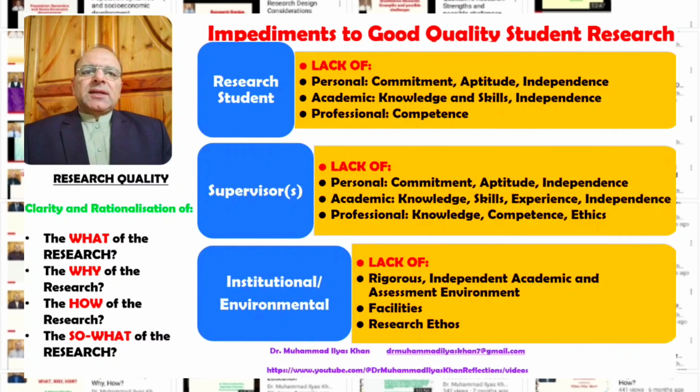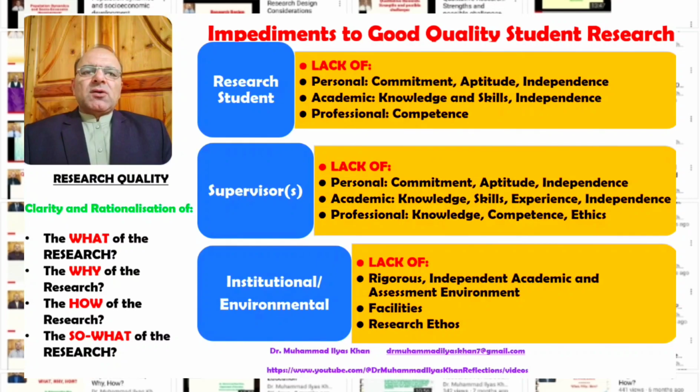And again, independence in terms of, for example, the field choice or the topic choice, can also lead to possible compromise on the quality, because in that case, if the student lacks independence in terms of choosing their topic or in making other decisions during the research process, that will lead to lack of interest or motivation, and ultimately will impede the process of good quality research.